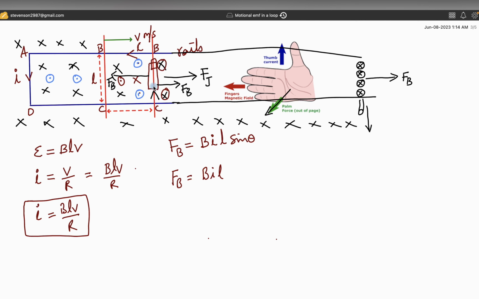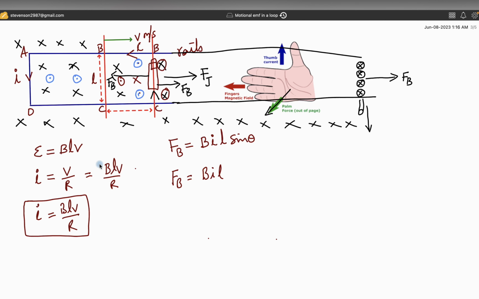So automatically we have to see that in whichever direction the external agent is exerting the force, the magnetic field should exert a force in the opposite direction. In that way also we must be able to determine the correct direction of the induced current, or we must be able to apply Lenz's law properly and identify the direction of the induced current. Right.